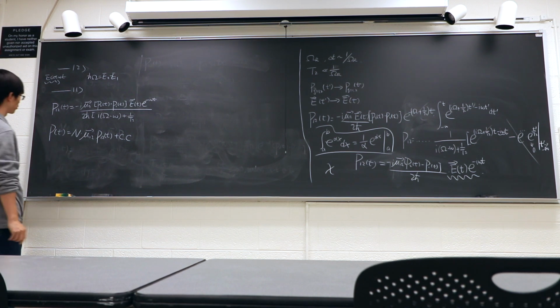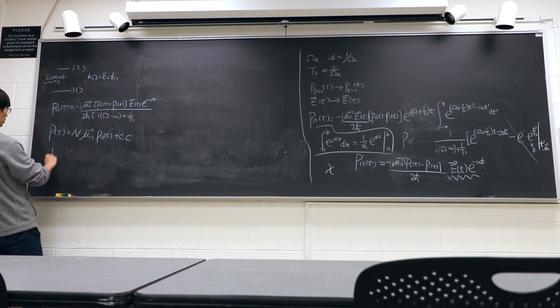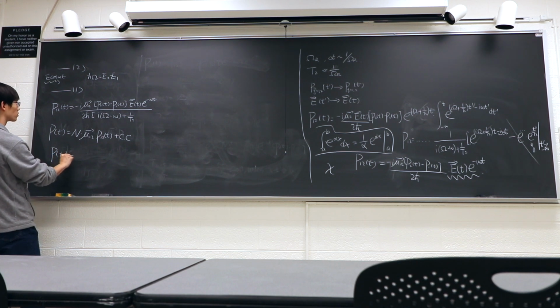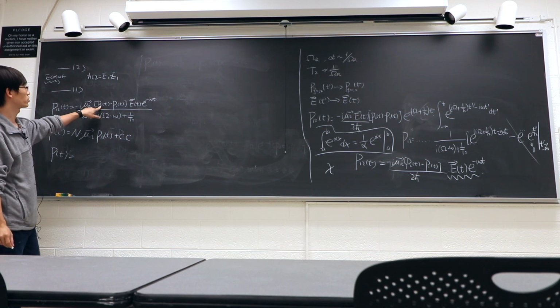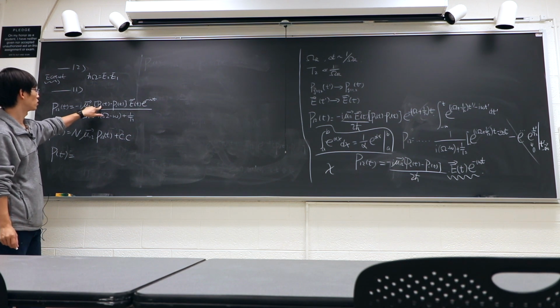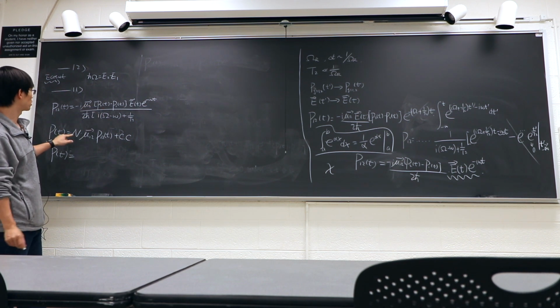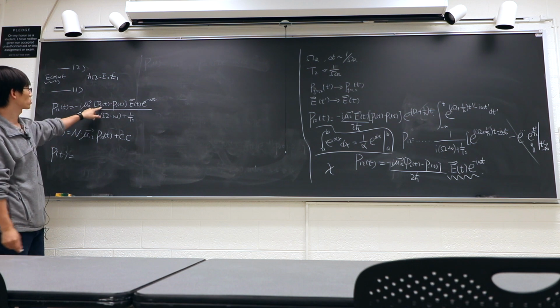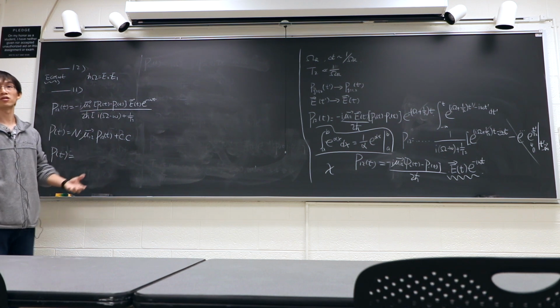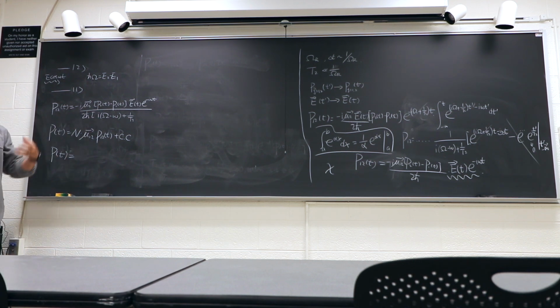It doesn't matter which one you choose. So we can get P t, N times P2. P2 is probability in excited states. N is the number of atoms per unit volume. So when these two are multiplied together, it gives you the number of atoms in excited state per unit volume.